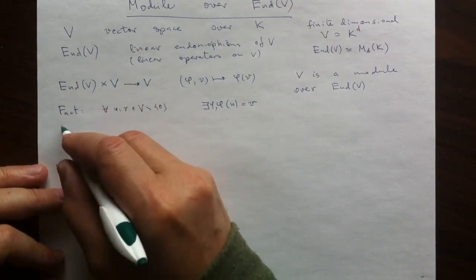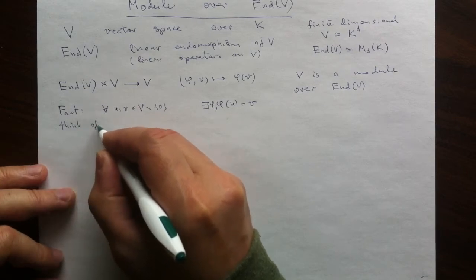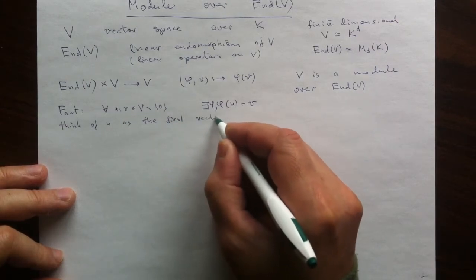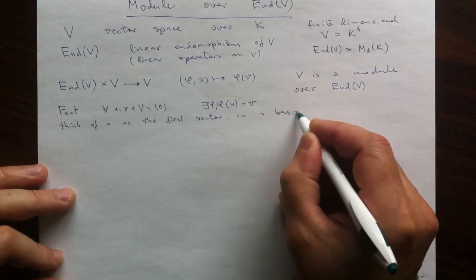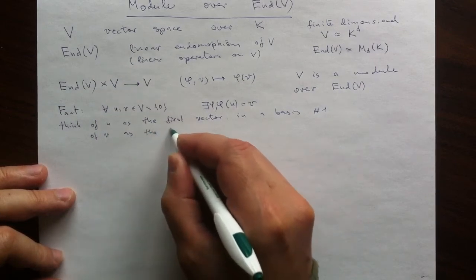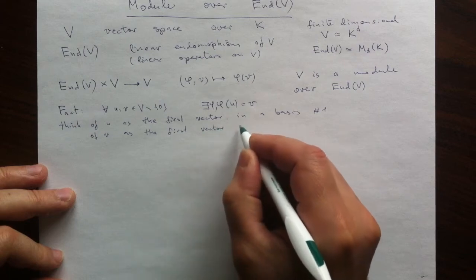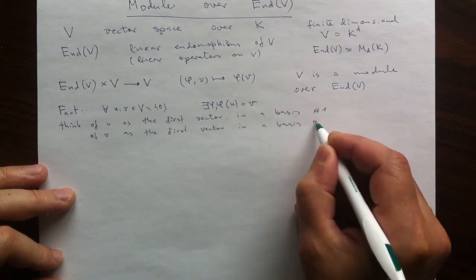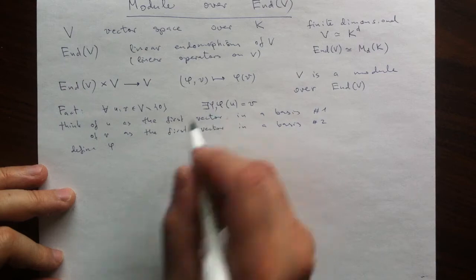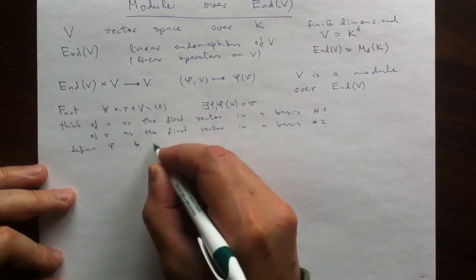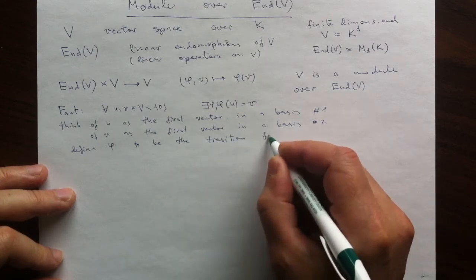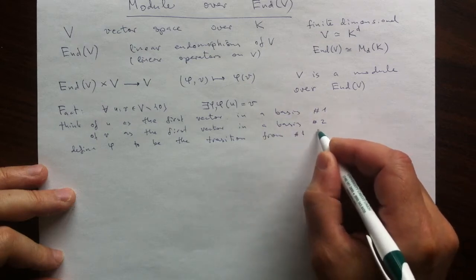So what we can do, we can think of U as the first vector in a basis, say number 1, and think of V as again the first vector in a different basis, number 2, and then define our operator phi, which we want to find, to be the transition from basis 1 to basis 2.